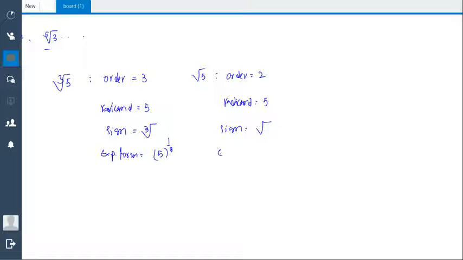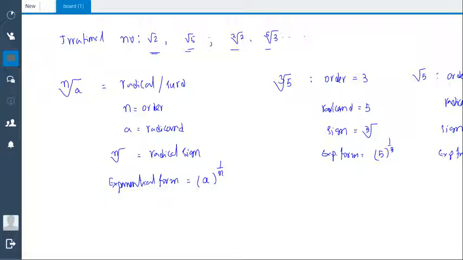The exponential form is 5 whole to the power of half. Half is different, square is different. So this is about the symbol of root. These we call radicals.